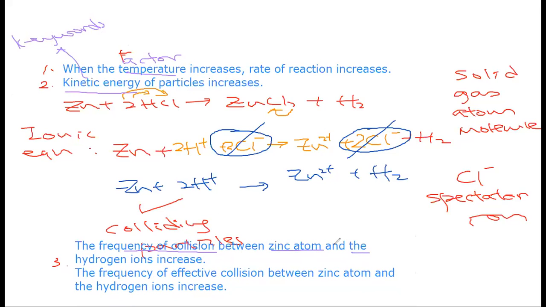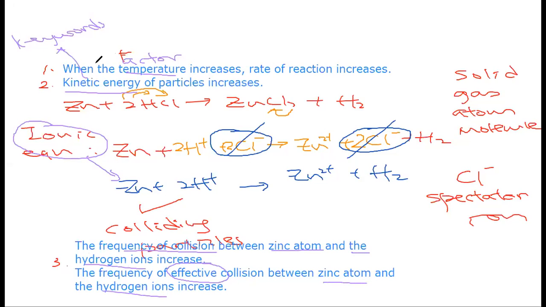Make sure you write about the particles which collide. How do you determine the particles which collide? We get it from the ionic equation. Then we talk about the frequency of effective collision, again between the particles which collide. Can you follow what I mean until here? I hope you are okay. Therefore, when the temperature increases, the rate of reaction increases.